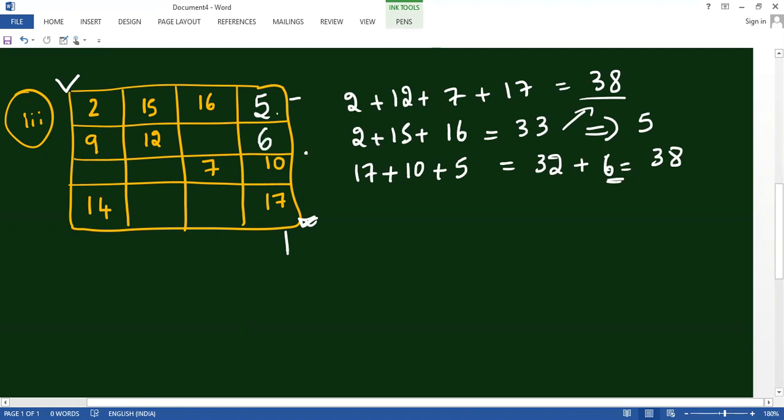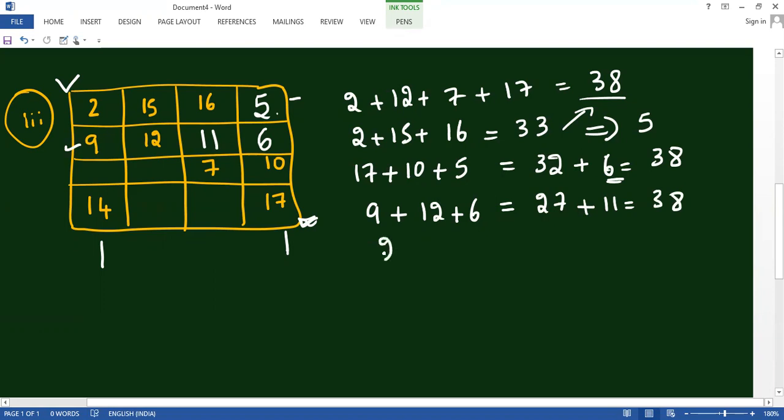So here it is 6. And now the next row, with this we can add, that is 9 plus 12 plus 6, that is equal to 27. 27 plus 11 is equal to 38. So here it is 11.